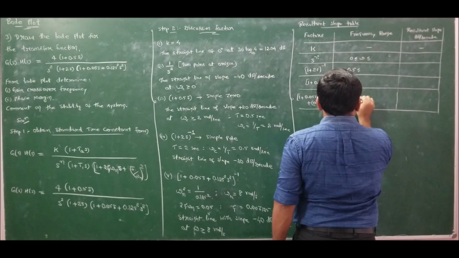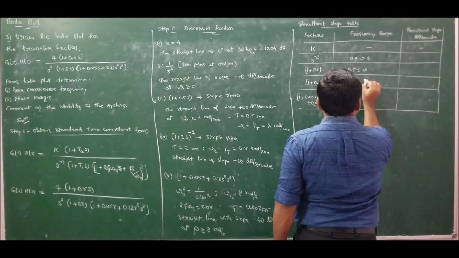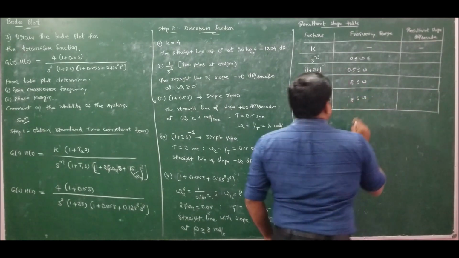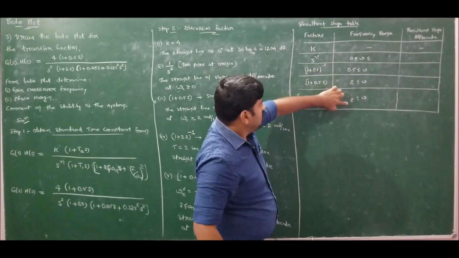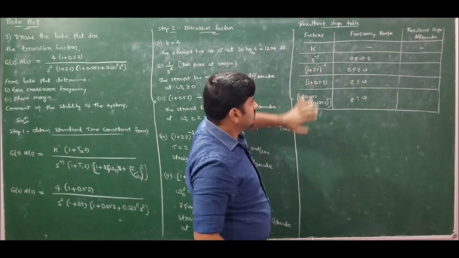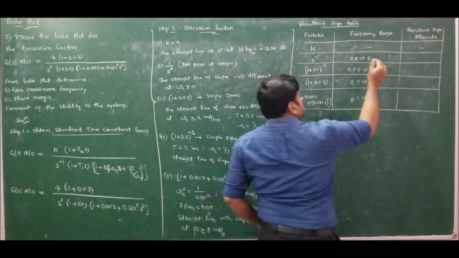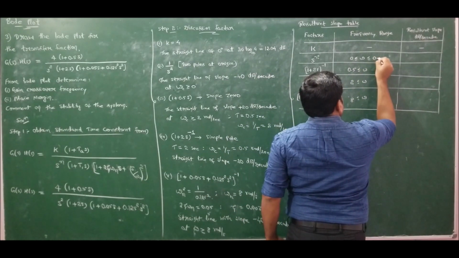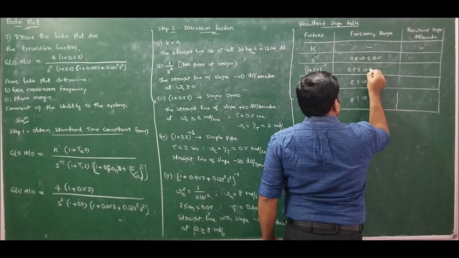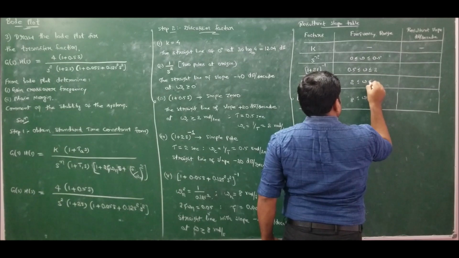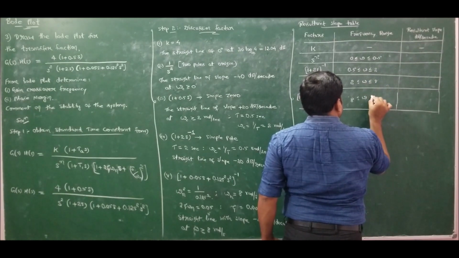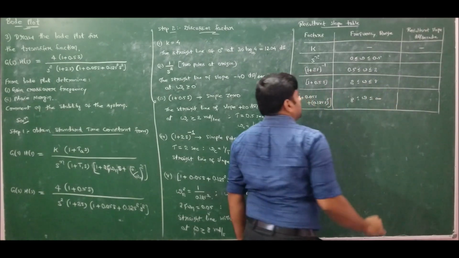So I have written it in increasing order of their frequencies. Now it has been arranged properly. Now we replace this, so it is 0 to 0.5, 0.5 to 2, 2 to 8, and then 8 to infinity.